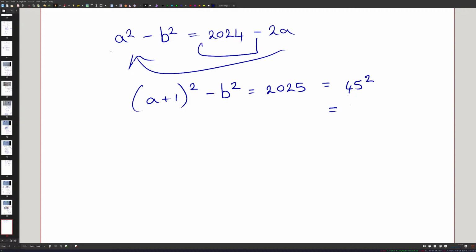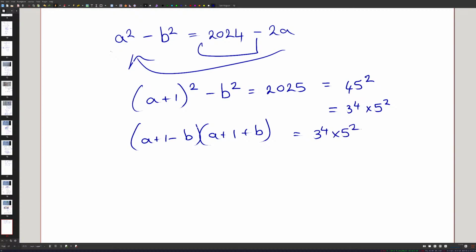So that's 9 times 5, so it's 3 squared squared, 3 to the 4 times 5 squared. And so this is a plus 1 minus b, a plus 1 plus b is 3 to the 4 times 5 squared.